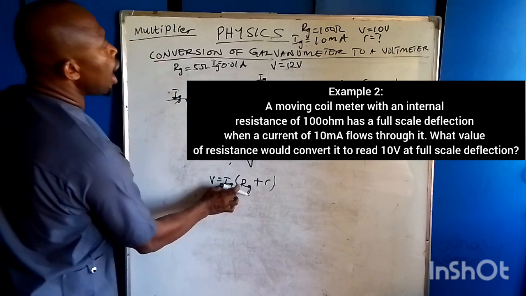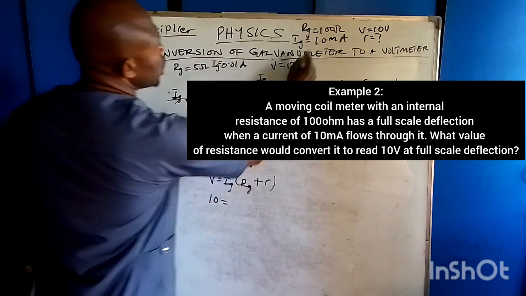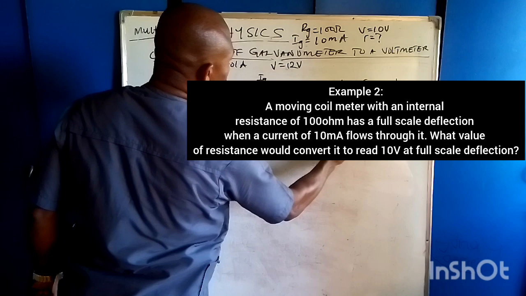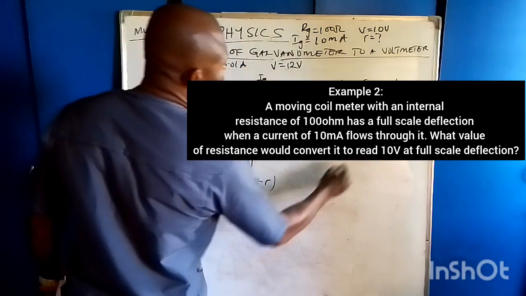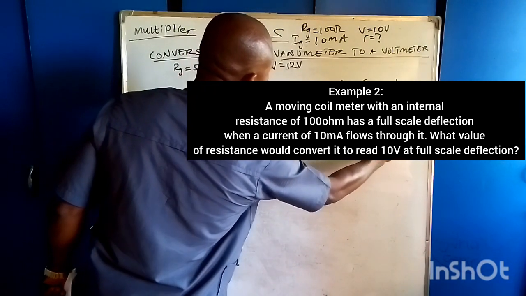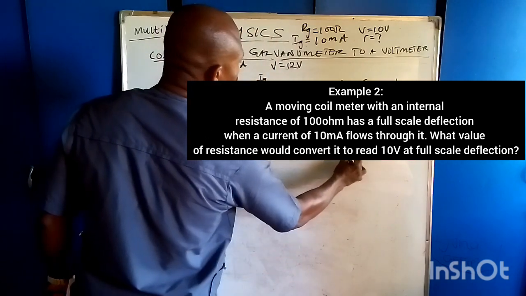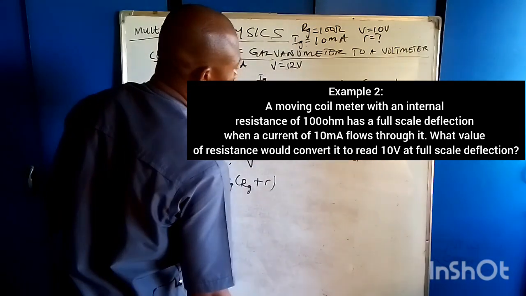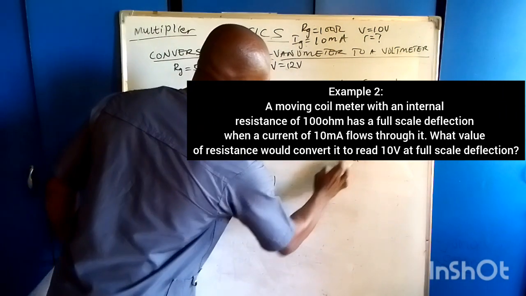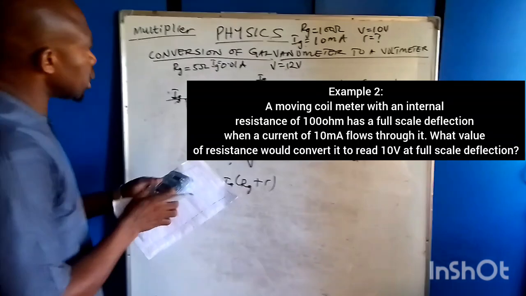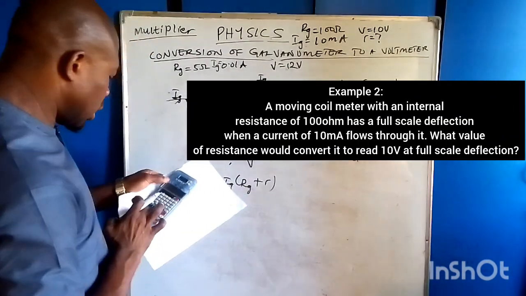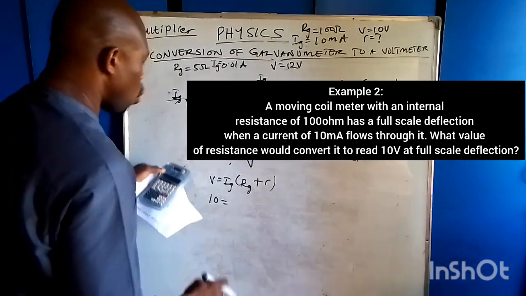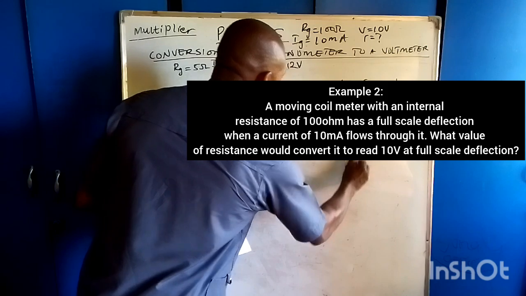So 10 equals Ig, which is 10 milliampere, and we need to convert it. 10 milliampere is 10 times 10 raised to the power minus 3 ampere, which is 10 divided by 1000, 0.01 ampere.